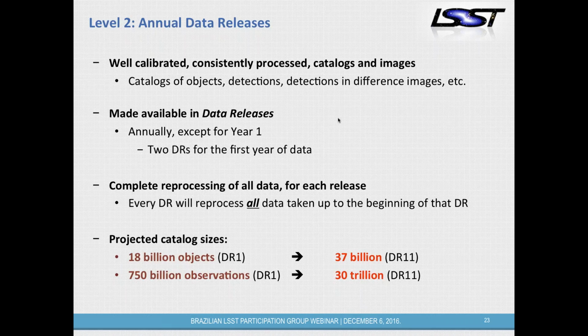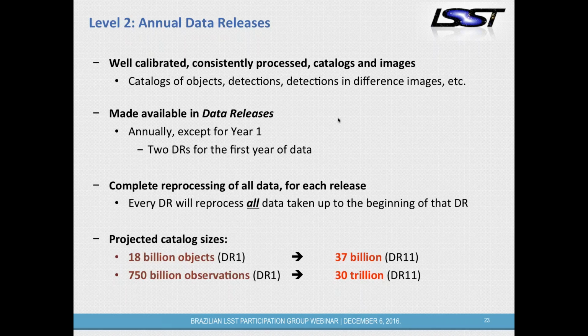And for each data release, we will reprocess all the data from the beginning, from scratch. That means that each data release is going to benefit from all the improvements and new features added to the software up to that point in time. And as we know, software keeps evolving.